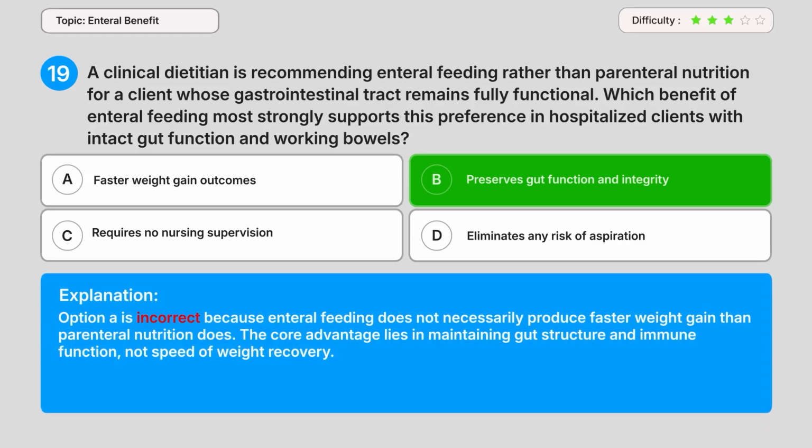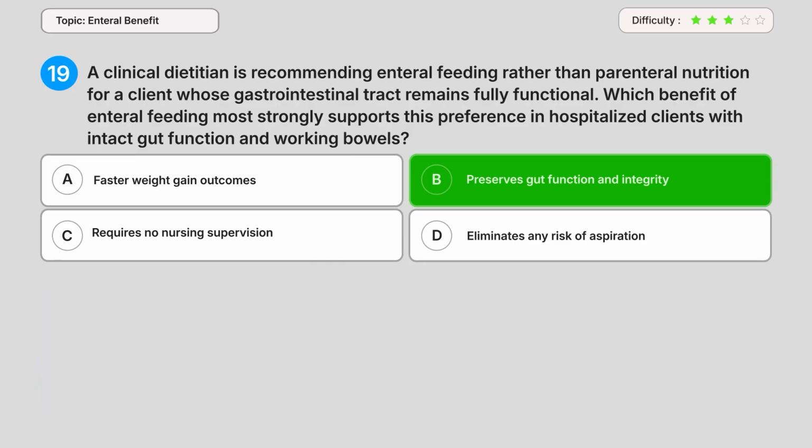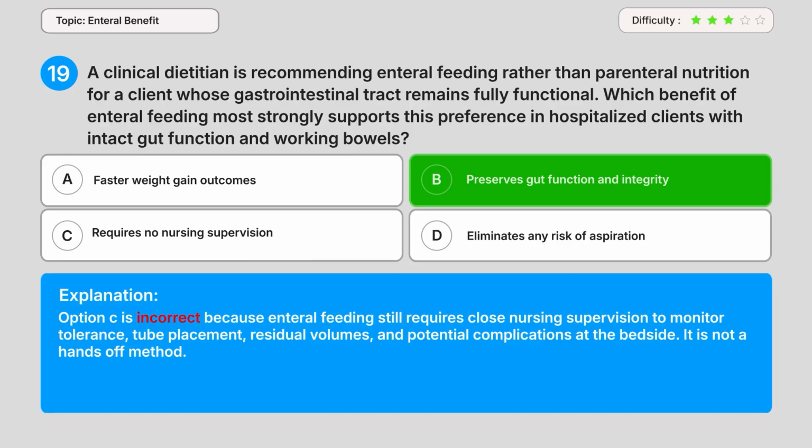Option A is incorrect because enteral feeding does not necessarily produce faster weight gain than parenteral nutrition does. The core advantage lies in maintaining gut structure and immune function, not speed of weight recovery. Option C is incorrect because enteral feeding still requires close nursing supervision to monitor tolerance, tube placement, residual volumes, and potential complications at the bedside.